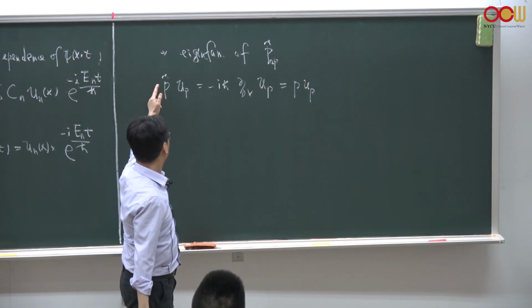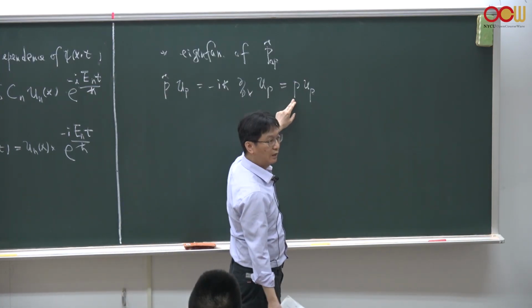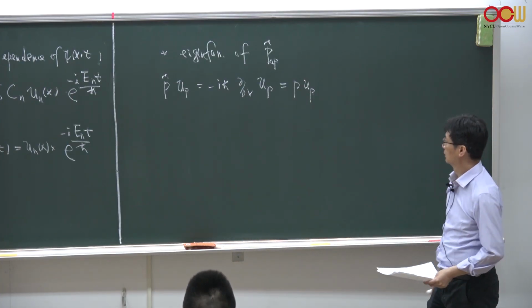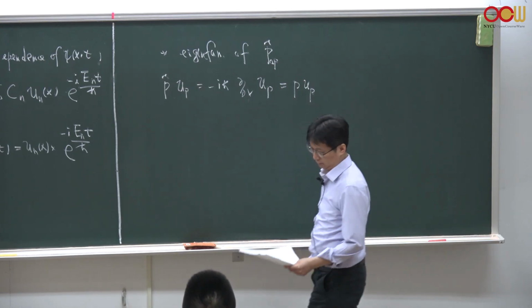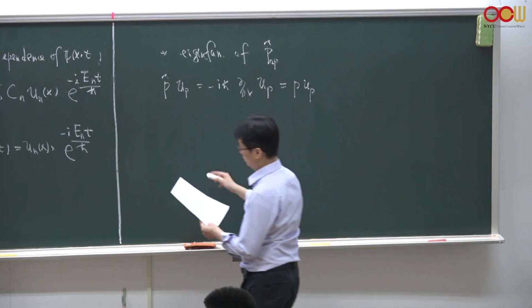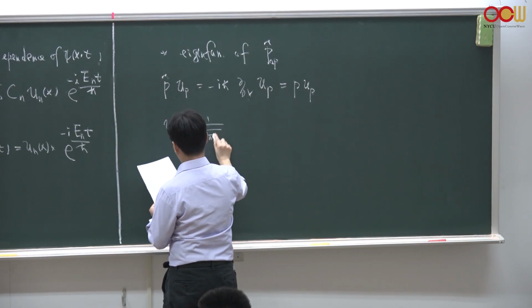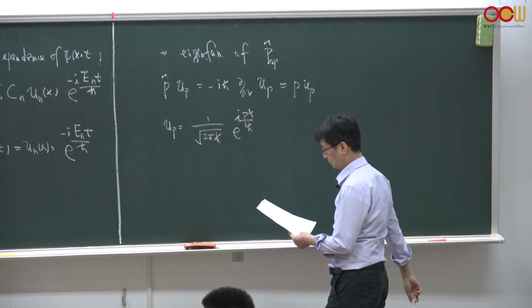The momentum operator acting on the eigenstate of the momentum operator is given by the momentum eigenvalue times this eigenfunction, u_p. And this p operator is given by the partial derivative form, and this leads to what? The famous plane-wave-like solution.